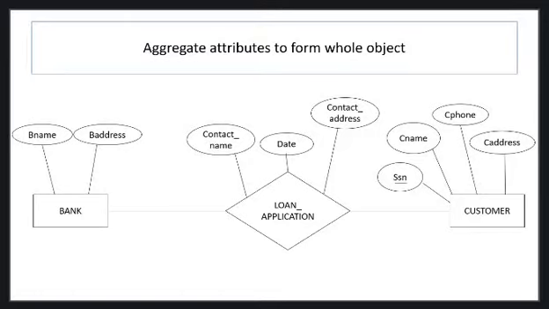To see how this concept can be applied to a more complex scenario, let us consider the fact that loan application results in loan approval. To represent this fact in the ER diagram, I am going to add one more entity type called loan approval.